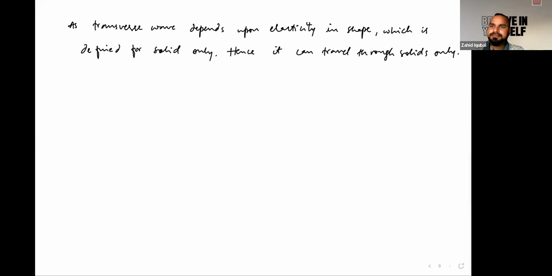Next is longitudinal wave. It is a wave in which particles oscillate or vibrate along the direction of propagation of wave is called longitudinal wave.